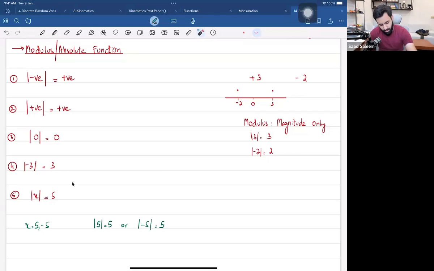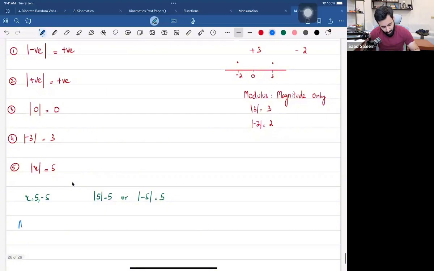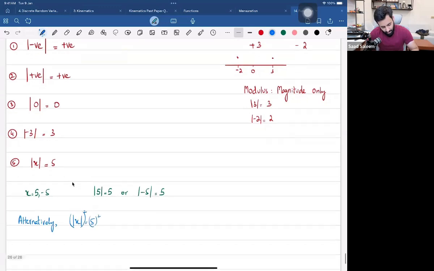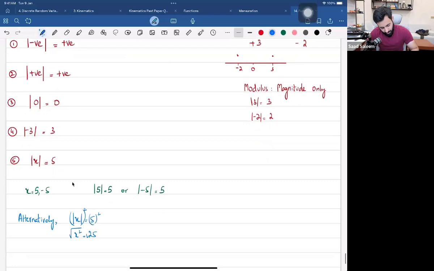There's another way to solve it. One way is that you simply use logic. The other way is that you square both sides. Alternatively, if you're given that modulus of x is 5, in order to get rid of the modulus, you can square both sides. That way you have x squared equal to 25. Then to solve for the value of x, take the square root on both sides, which means x equals plus minus 5. This is the approach that we prefer: whenever the modulus sign is removed, you have a plus or minus.